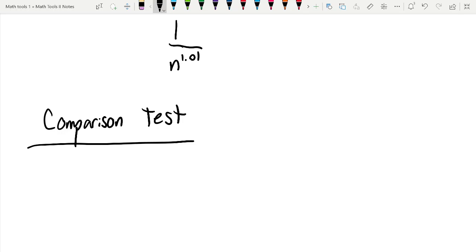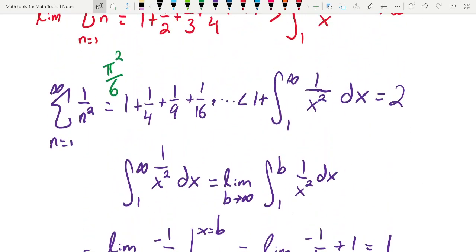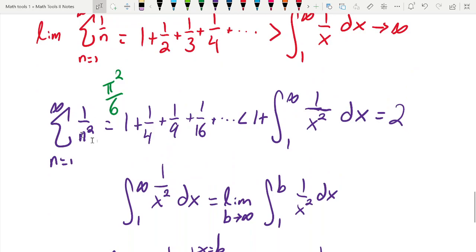So in the last video, when we were discussing the integral test, we saw this concept here. Let me show it again. So this kind of idea right here, where we saw that if we know this infinite series is less than some finite number, we know that it's less than something else which did converge.